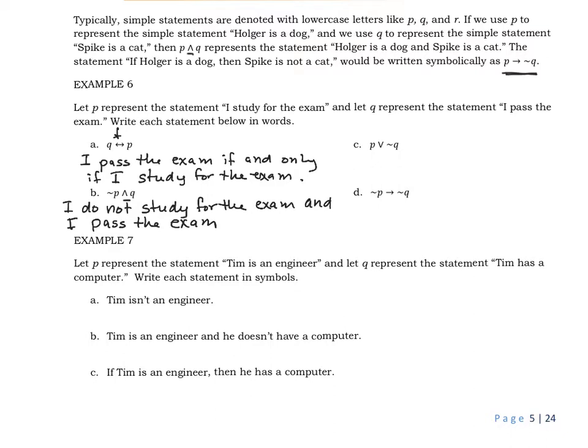All right, let's see what we have for C. Over here on B, I really didn't need the do. Yeah, I guess I do need the I do not. So on C, I can say I study for the exam. And remember, this is our disjunction, which means or, I do not pass the exam.